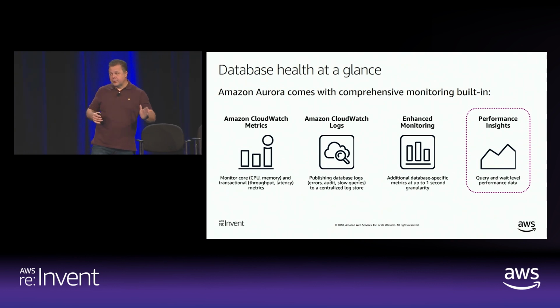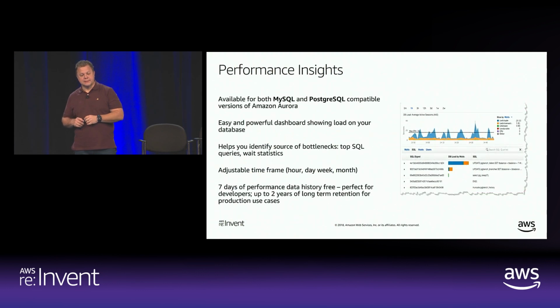And as we look at this, you'll notice that it kind of goes from left to right, where the broader is to the left, and then we get into some of the narrower as we get to the right. On the left, if we've determined that we have a performance issue and we need to drill into it, then we can get down all the way into the query level itself with Performance Insights.